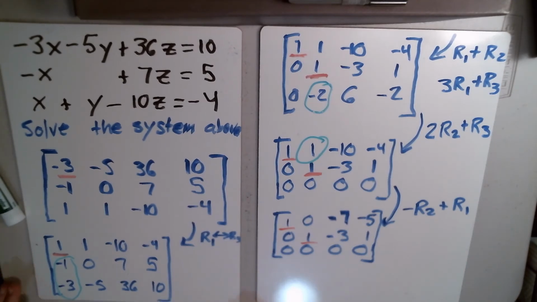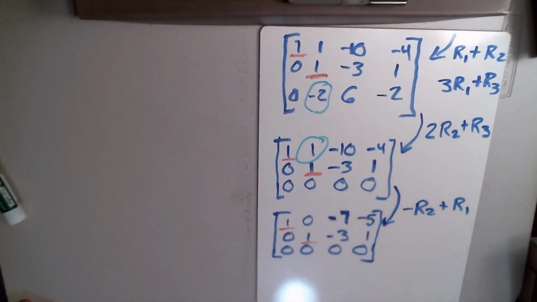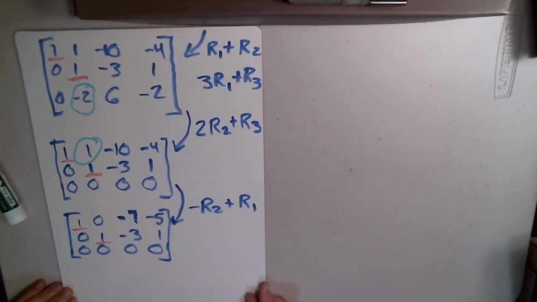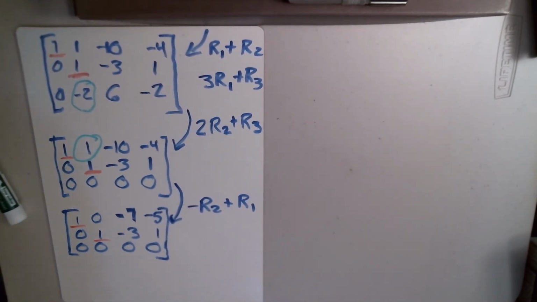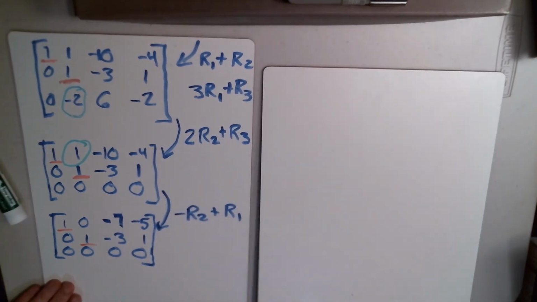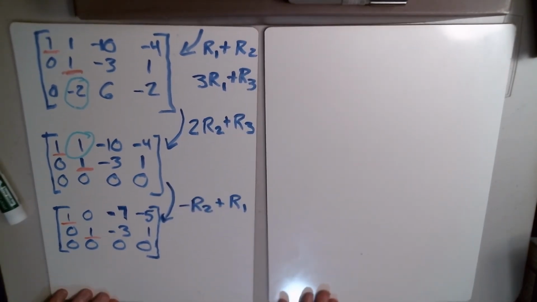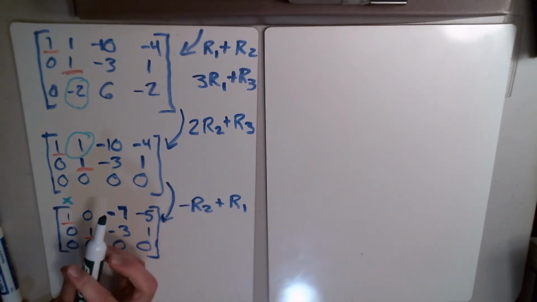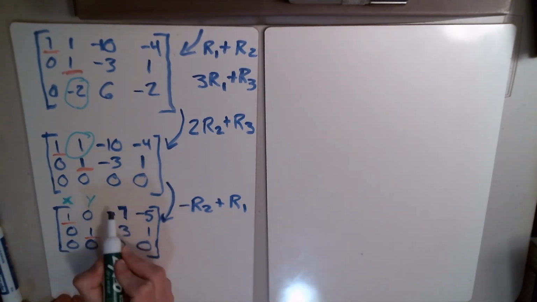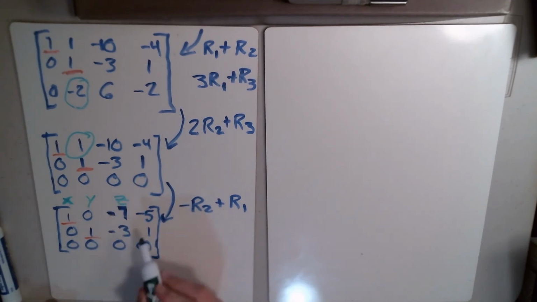So let me get a new board for us. Get that lined up there, and then get some fresh space. Okay. So let's translate these back into equations and see what happens. The first column corresponds to x, the second column is y's, the third column is z's, and then these are the things on the other side of the equal sign.